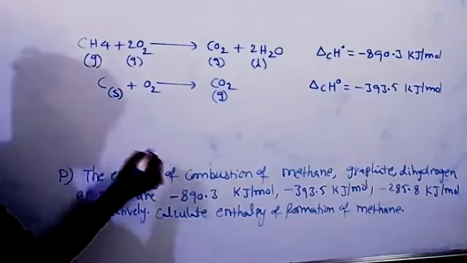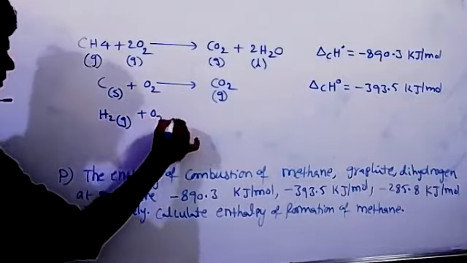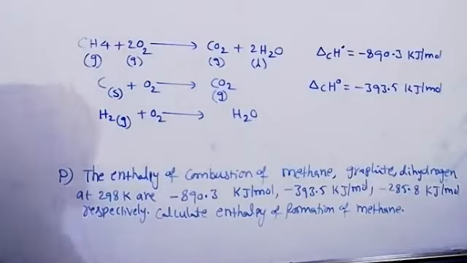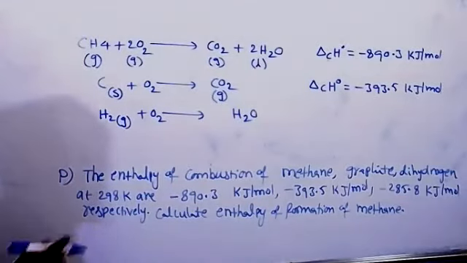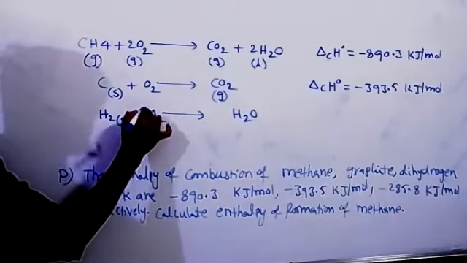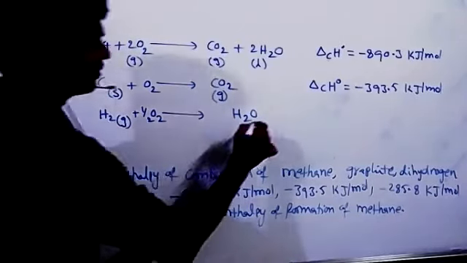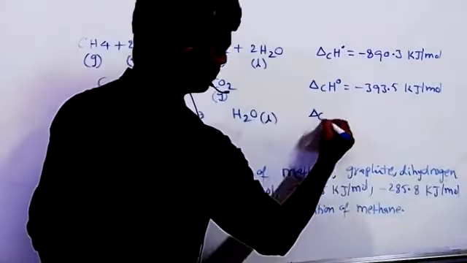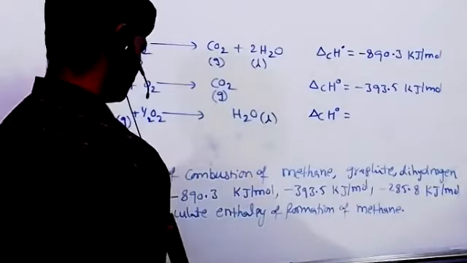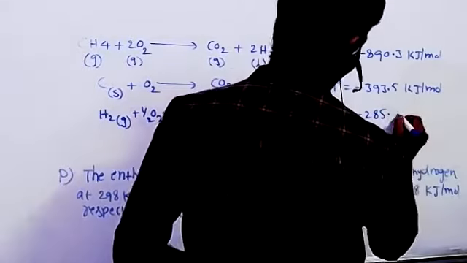Next, hydrogen: combustion of H2 results in water, one by 2 O2 giving H2O, with minus 285.8 kilojoule per mole.